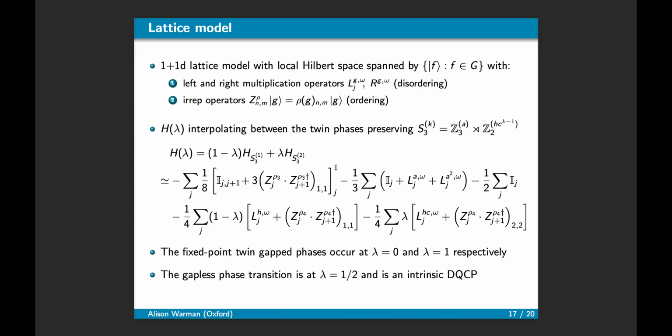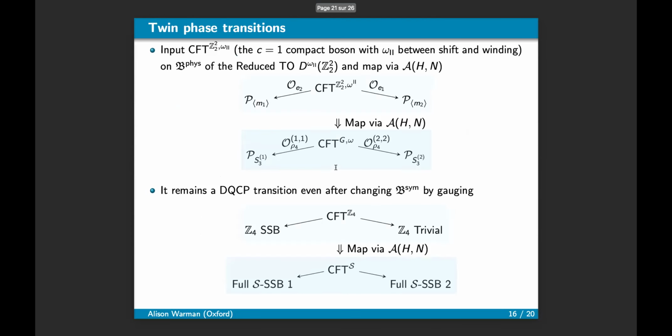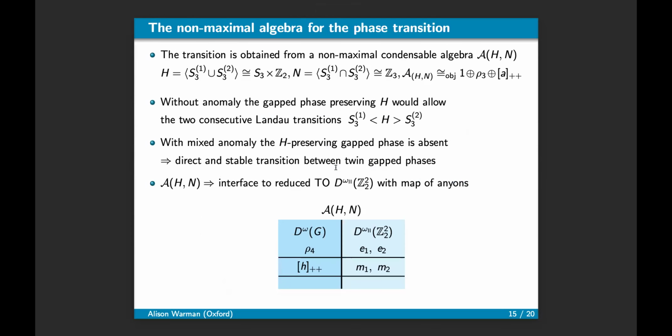So this Z3 doesn't really take part in the transition, it remains frozen to its plus state. So the transition effectively is the Z2 squared CP transition between the two phases. The gapless part of this transition is the one for the Z2 squared.